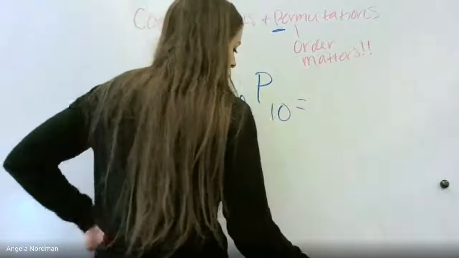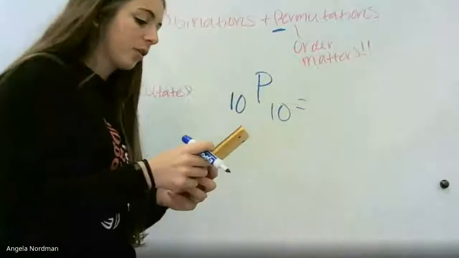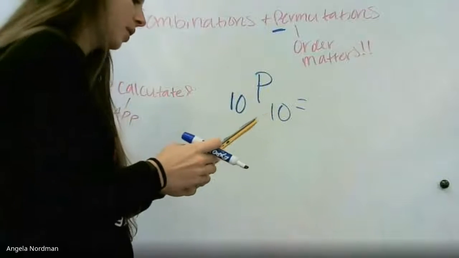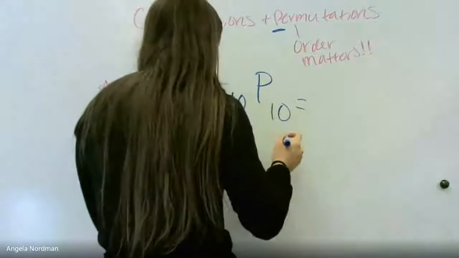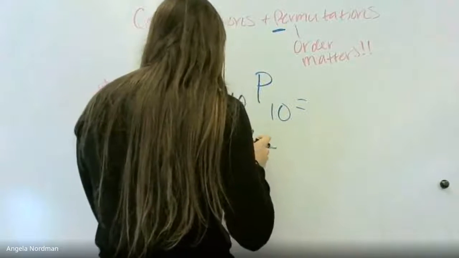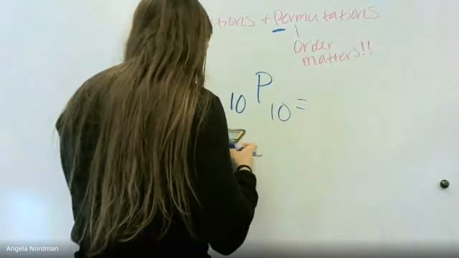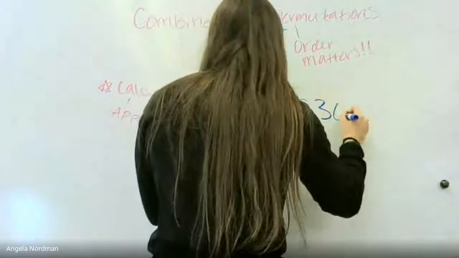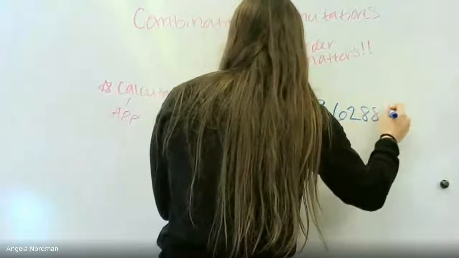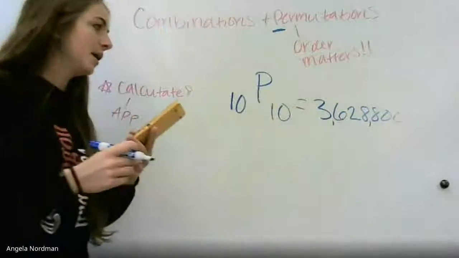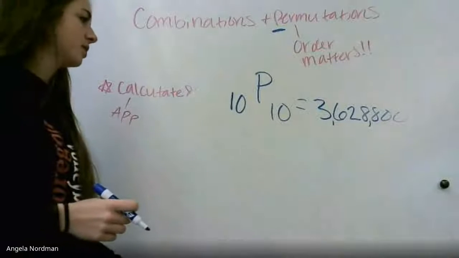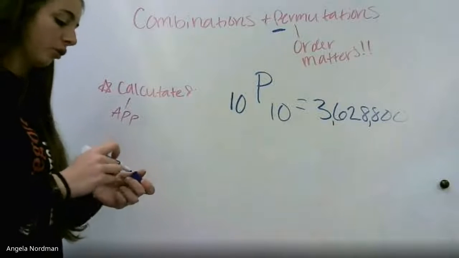So again, math over to prob, down to nPr. 10P10 equals 3,628,800. That is a big number, right?